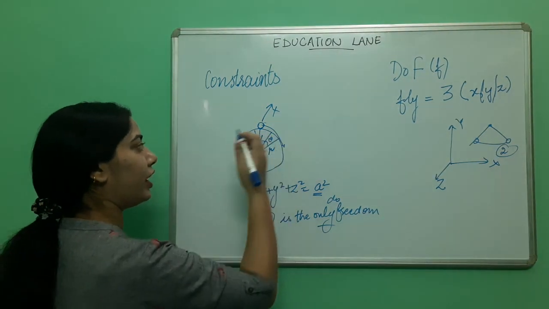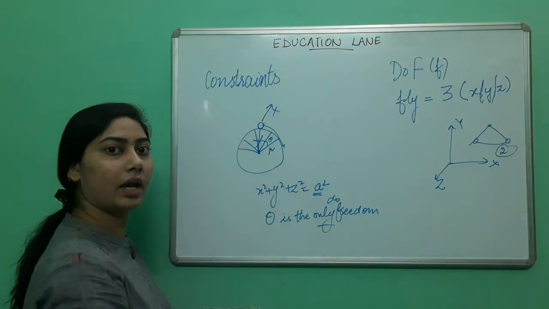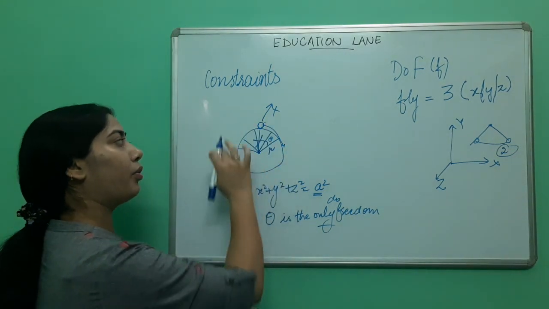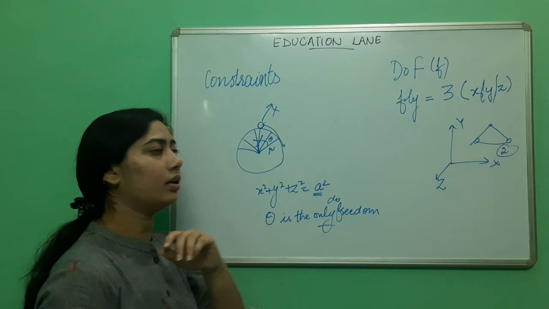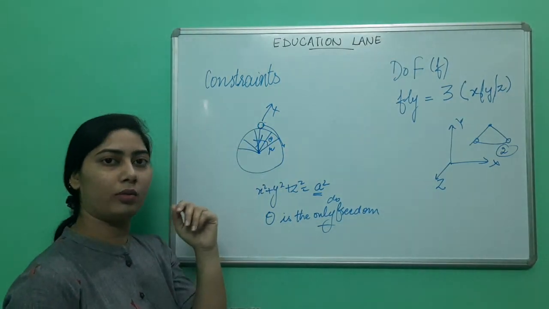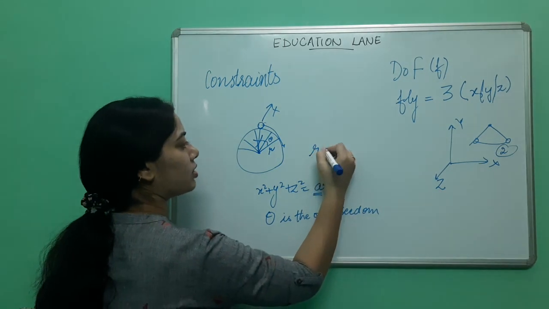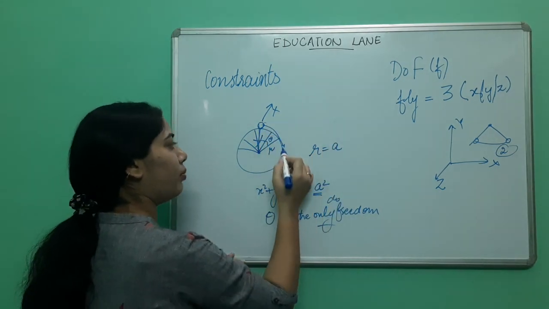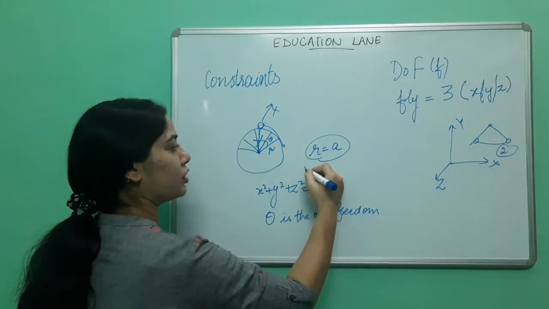The constraint is that it cannot go inside, it cannot go outside, and the freedom is that it can move only on the surface. So this is the constrained motion of that small object. Constrained motion means the radius is always a, and the position of this object is always at a.